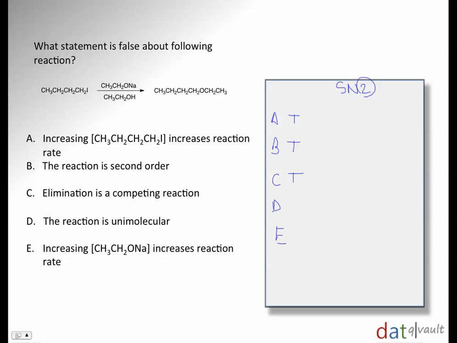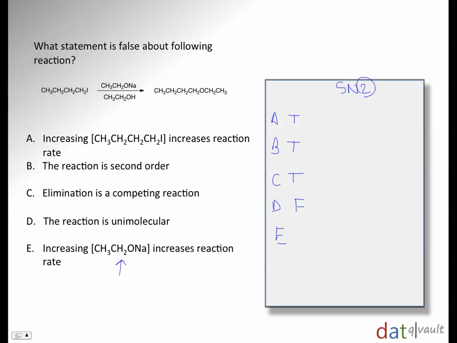D, the reaction is unimolecular. We already determined in question B that it is true that the reaction is second order, which directly contradicts that the reaction is unimolecular, so that has to be false. And then E, increasing the concentration of our nucleophile, sodium ethoxide, increases reaction rate.